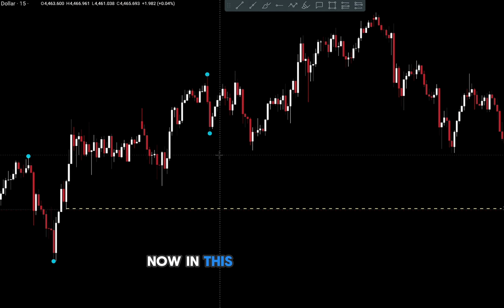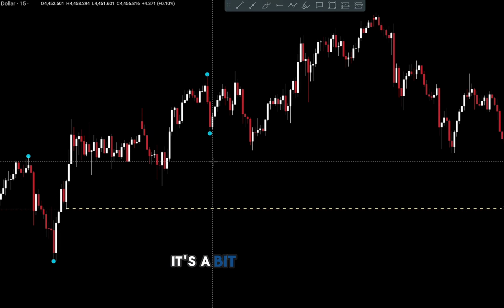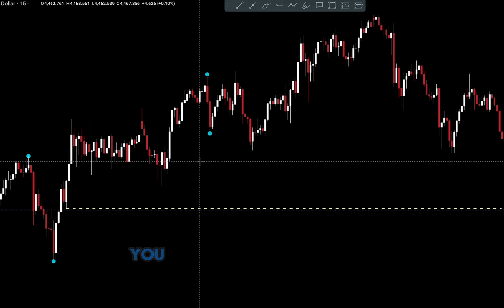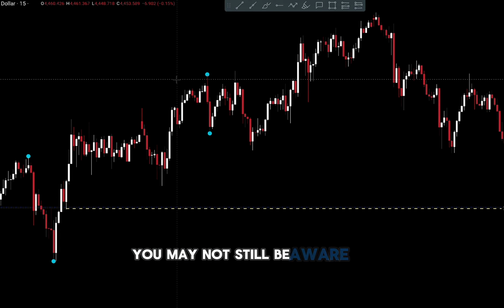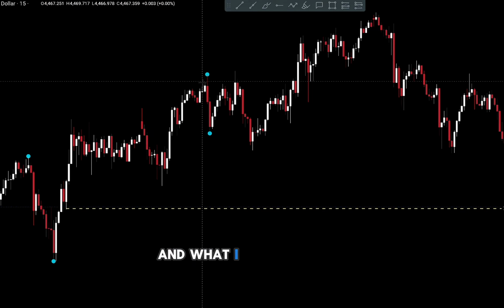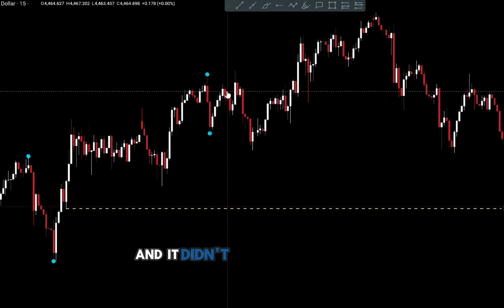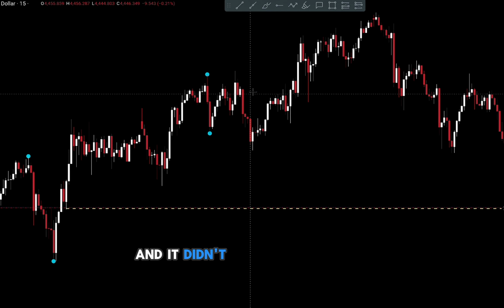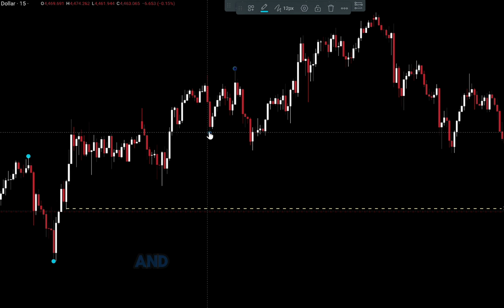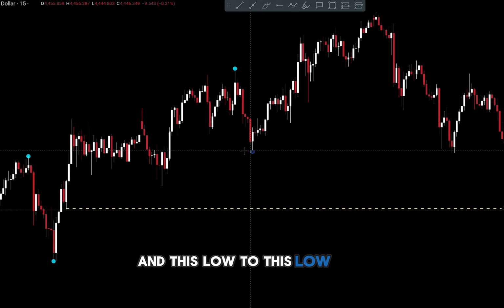Now, in this particular case, it's a bit complicated. You may not still be aware of this. What I want you to understand is it created a low and it didn't trade through to take this low out. So it created another high first. You have to move this high to that high and this low to this low. Why?